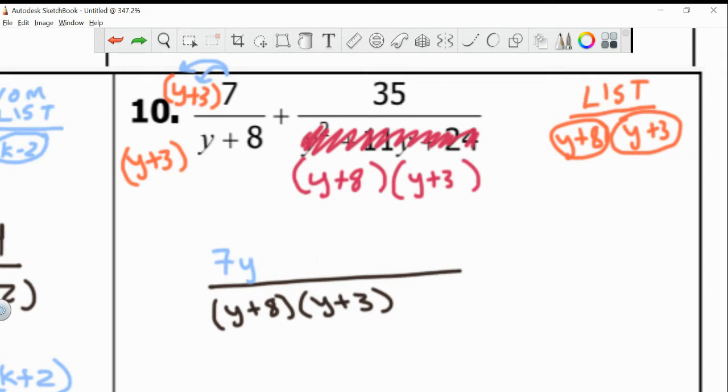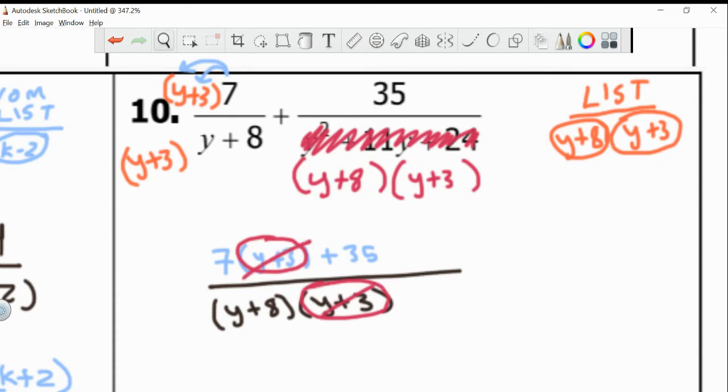Now, I want to point something out, though. Some of you will go this way, which is the slower way, kind of the more safe way, which is good. We're going to need to distribute the 7, of course. But then we'll have a couple people make a mistake, okay? And they'll see, hey, wait a second. I've got the y plus 3 and the y plus 3. I can just go ahead and cancel these out.